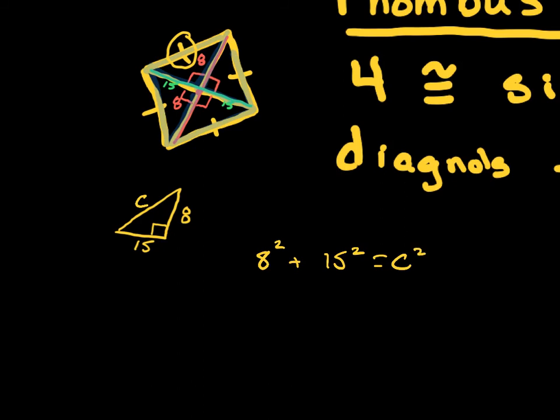And then you would solve, and it becomes 64 plus 225 is equal to C squared. And then we add the two together, and you get 289 is equal to C squared.